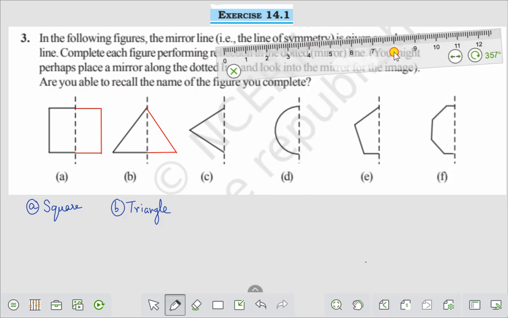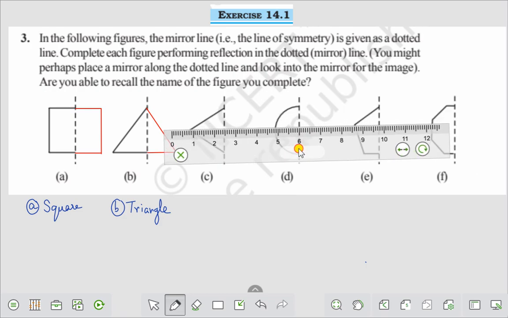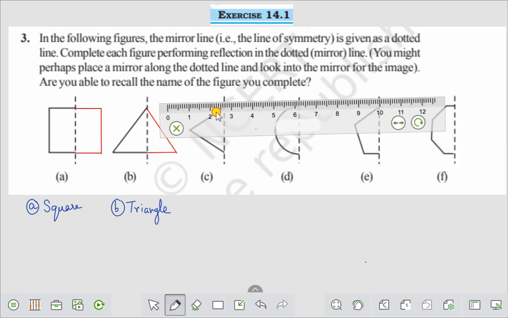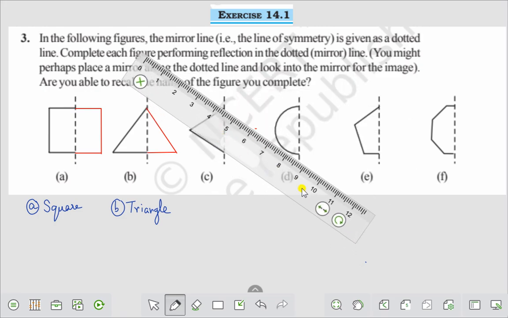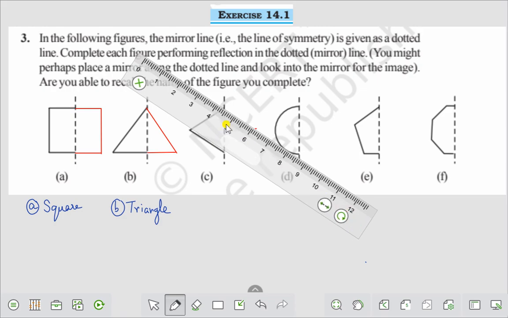First of all, we take a point here from this distance. We take a point here. Right? And if we draw this line, we're drawing this line from here to here.